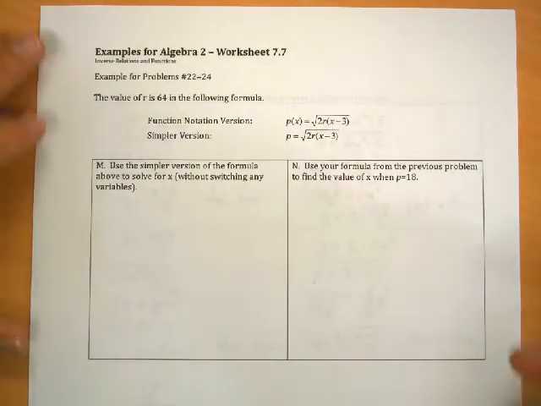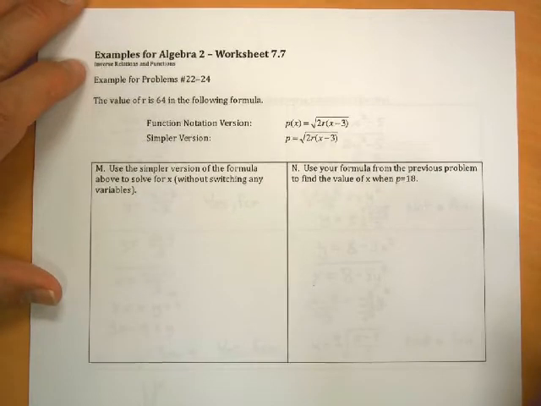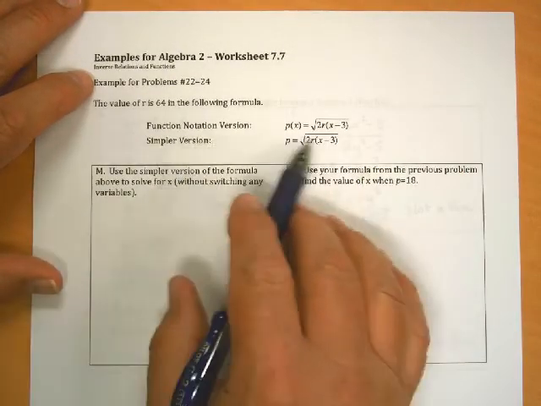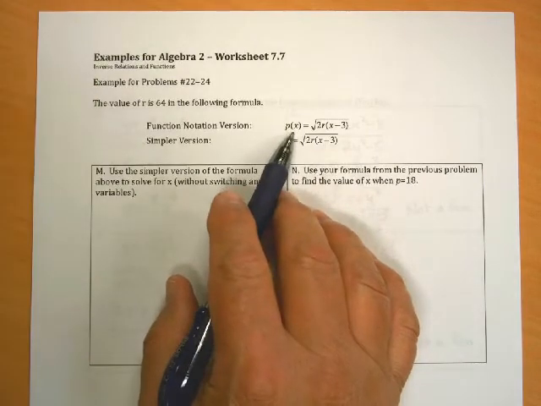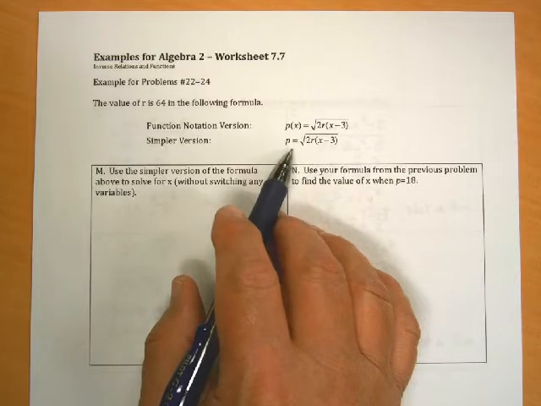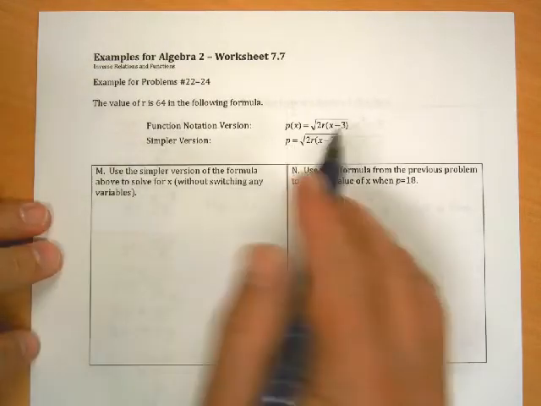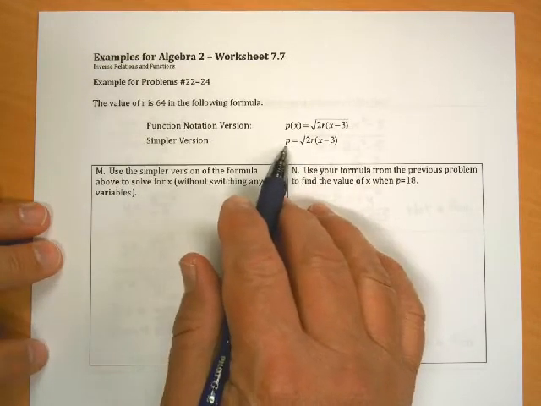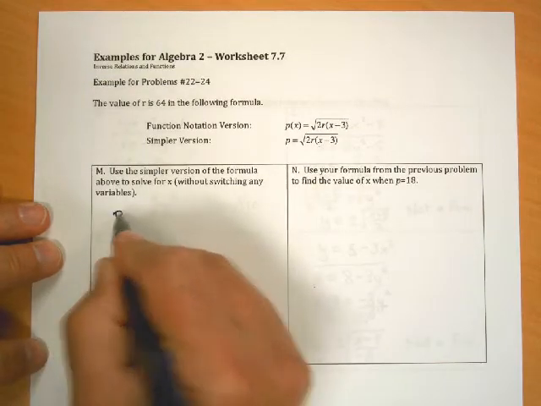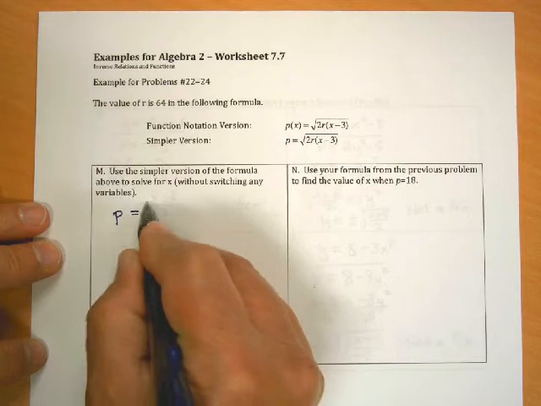Okay, examples 22 through 24, M and N cover that. And what I've got here is a function written in function notation in a streamlined version. So you're going to first be asked to solve for the x in this streamlined version without switching the variables.